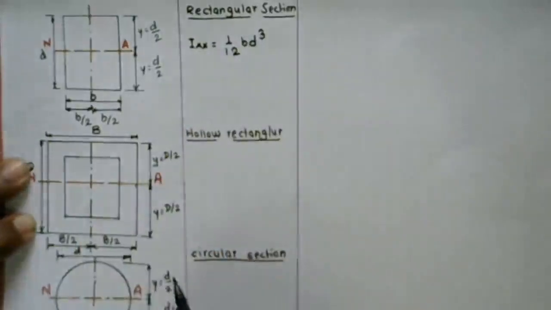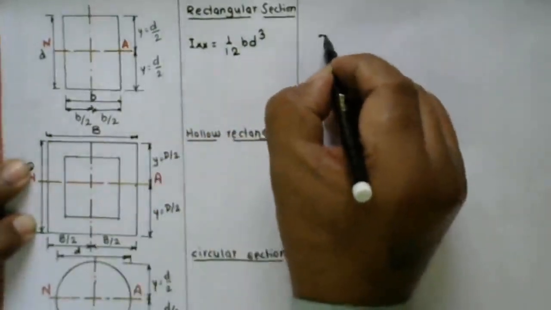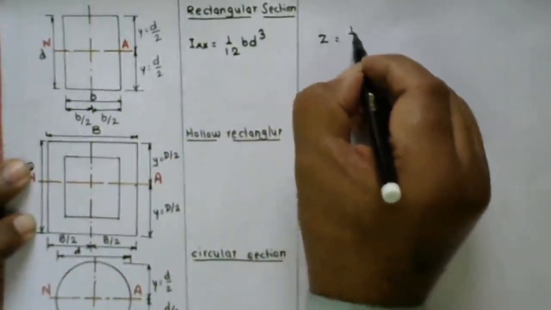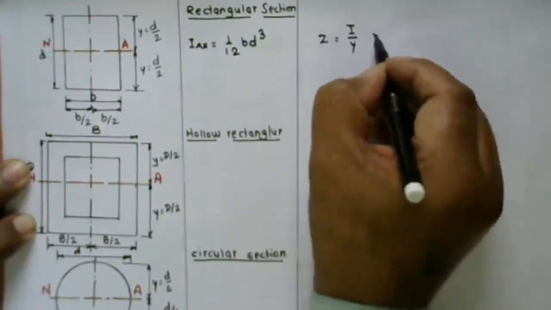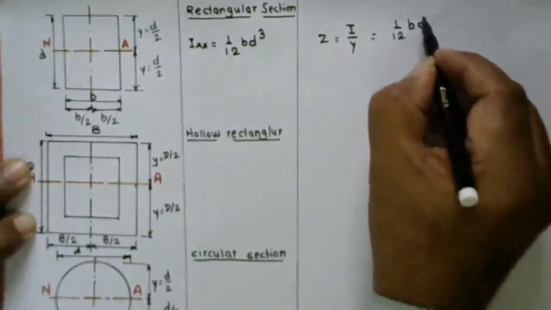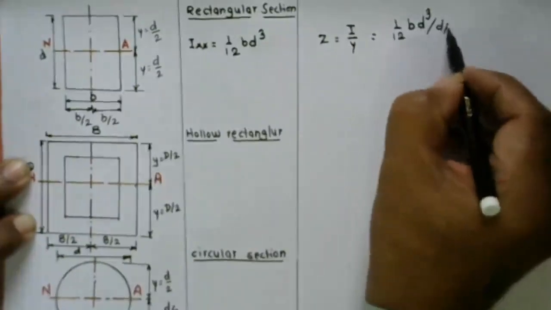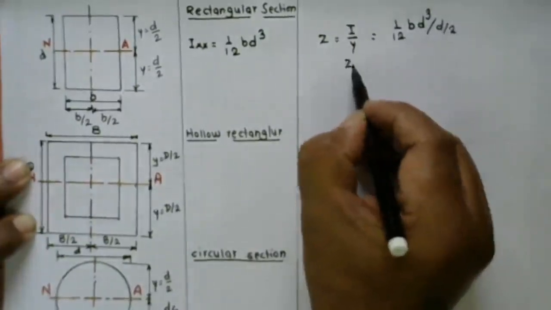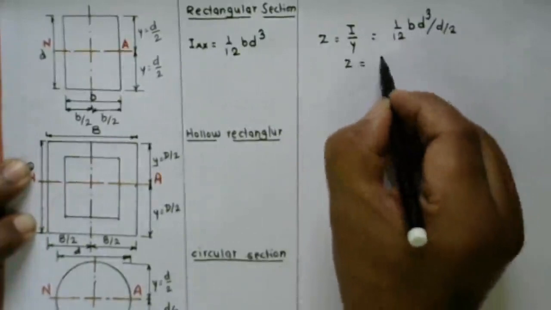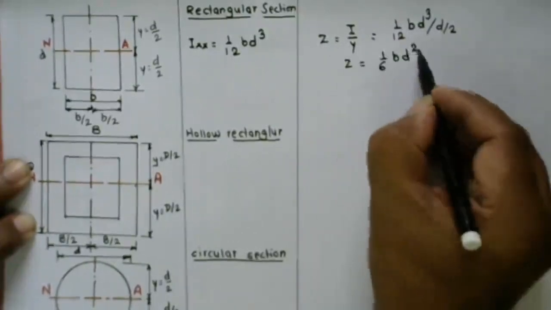That is known as the moment of inertia for the rectangular section, and section modulus Z is equal to I upon Y, where I is 1/12 BD cube and Y means D by 2. So the section modulus for the rectangular section is 1 by 6 BD square.